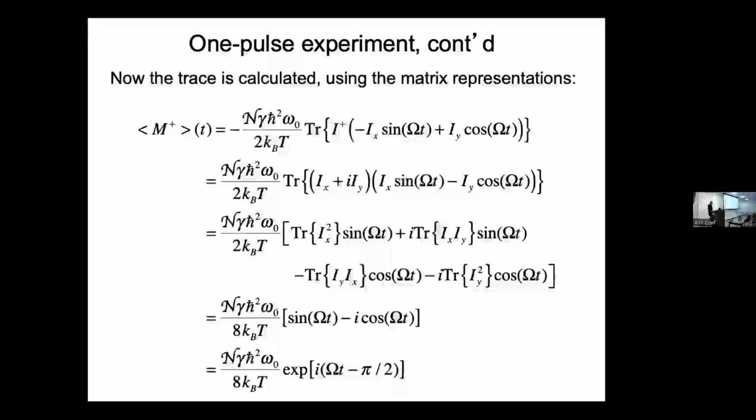So this is where we left off last time, where we had worked out now with our density matrix what the one pulse experiment looked like. And either comforting or disappointing, after a lot of complicated mathematics, we got the same answer that we had from the Bloch equations.